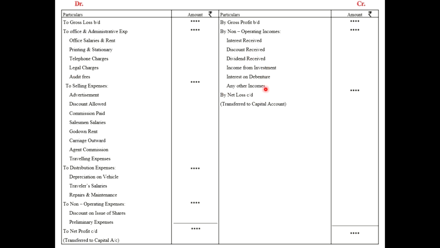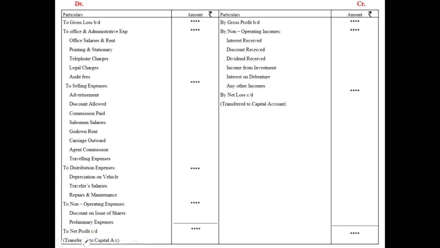If the debit side is more than the credit side, the result of the operation is a loss. That loss we record on the credit side, as by net loss carried down. And if the credit side is more than the debit side, the result of the operation is a profit, which we record on the debit side, as to net profit carried down. Whether we generate a net profit or a net loss, we transfer it into the capital account.